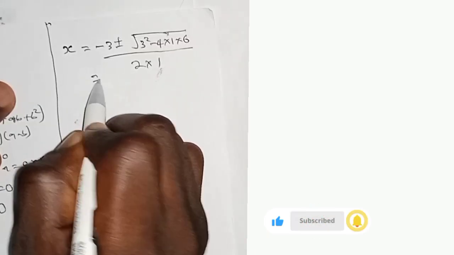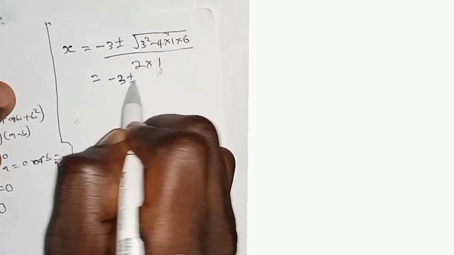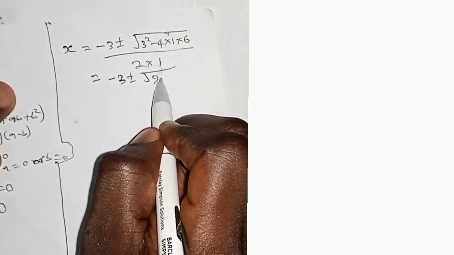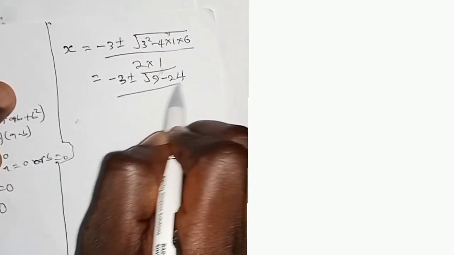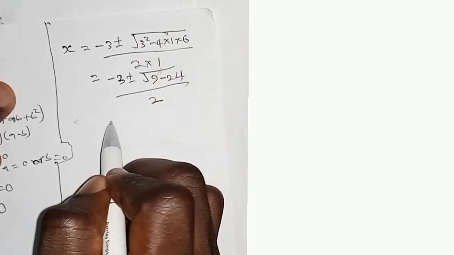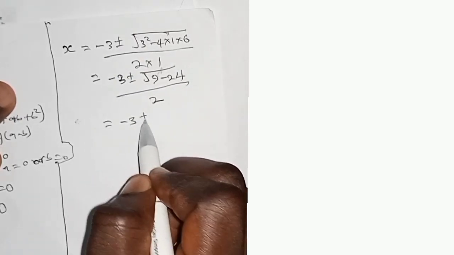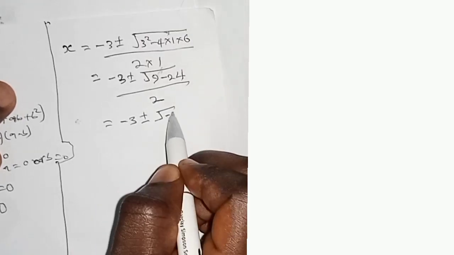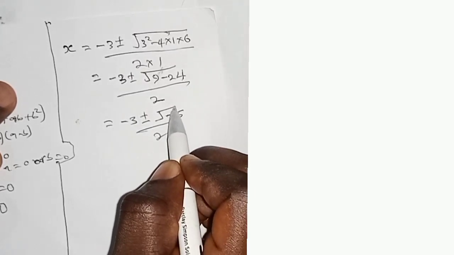This is minus 3 plus or minus the square root of 9 minus 24, divided by 2. And 9 minus 24 gives us minus 15, all divided by 2.